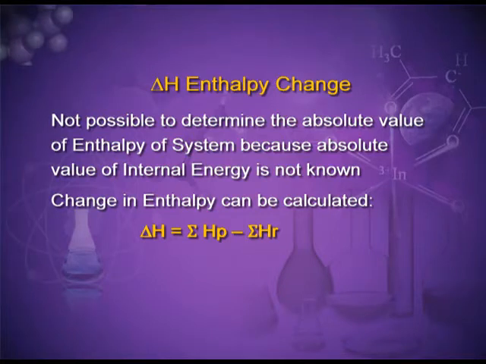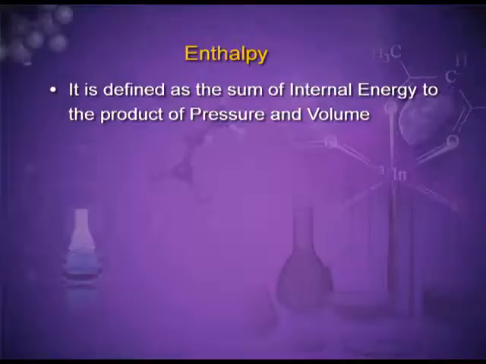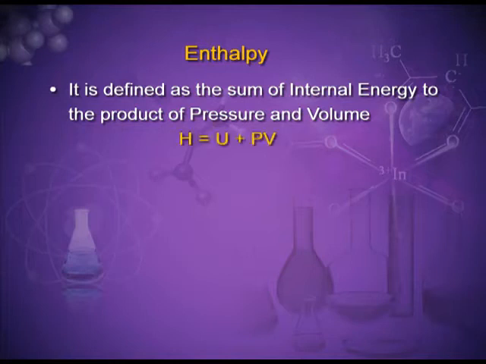To find the change in enthalpy, we can calculate it as the sum total of enthalpies of the products minus the sum total of enthalpies of the reactants. The relationship between internal energy and enthalpy: enthalpy is defined as the sum of internal energy and the product of pressure and volume, that is, H equals U plus PV.